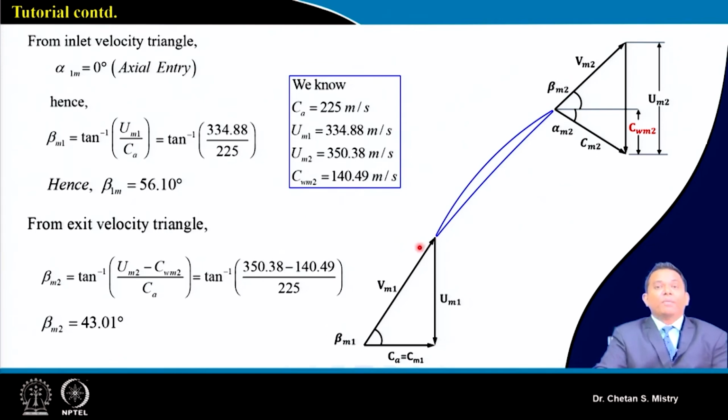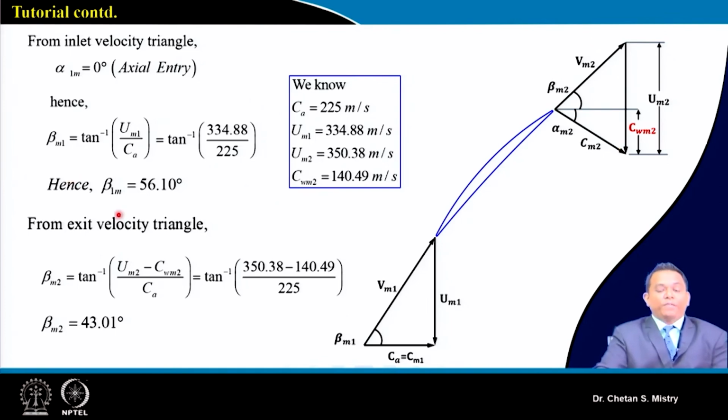At the entry, my alpha 1 is 0, because we are considering an axial entry. This U we have already calculated. This will be my axial velocity triangle, and this is our exit velocity triangle.